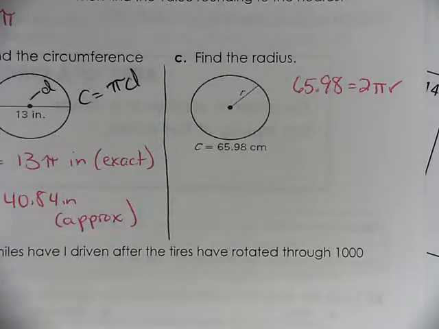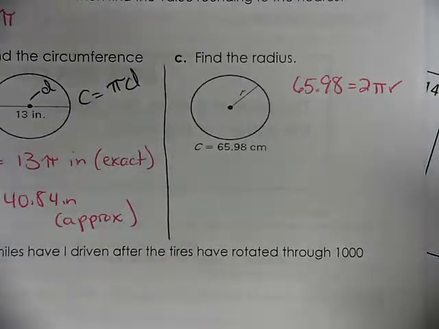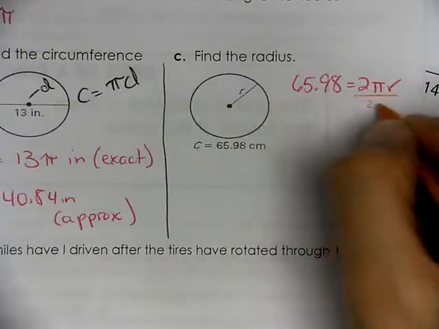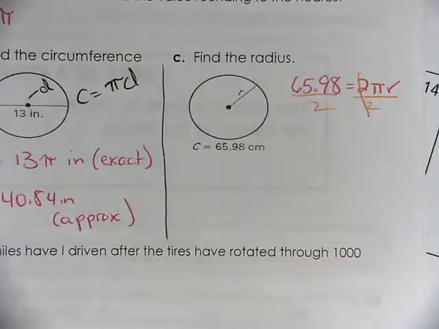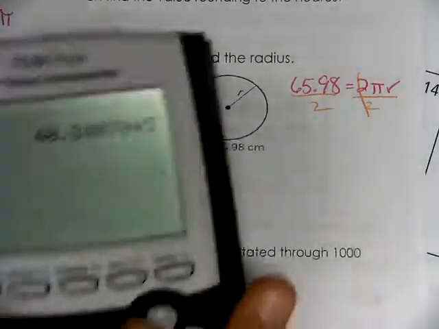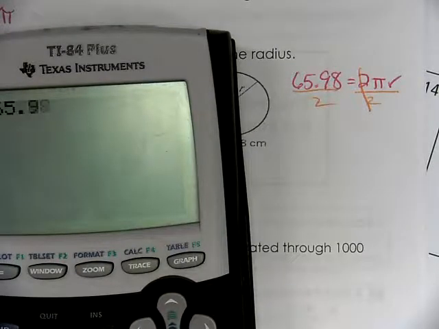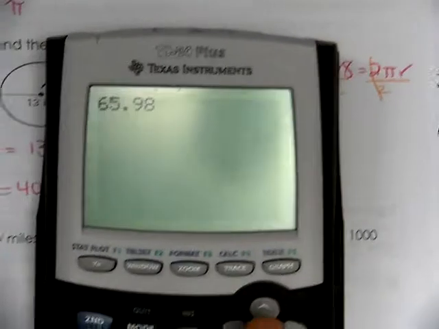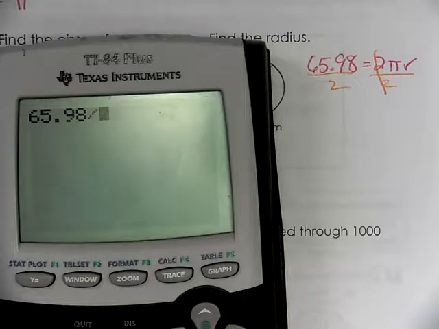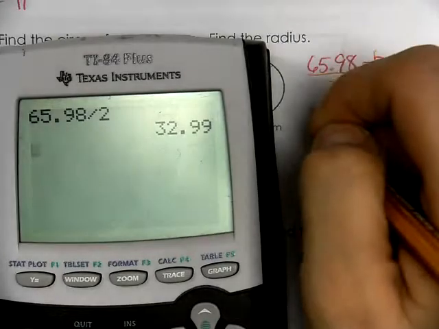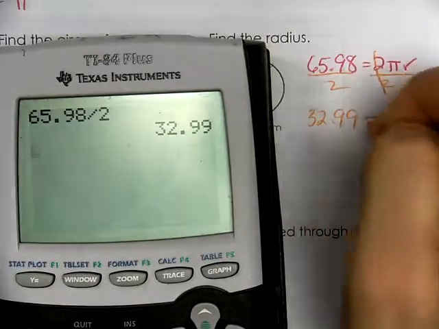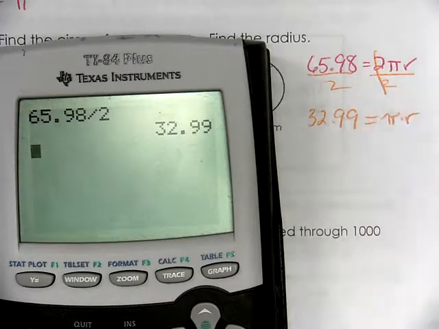So what do you think I should do first? How do I get r by itself? Can I divide both sides by 2? Get rid of that. 65.98 divided by 2 is 32.99. That's equal to pi times r.